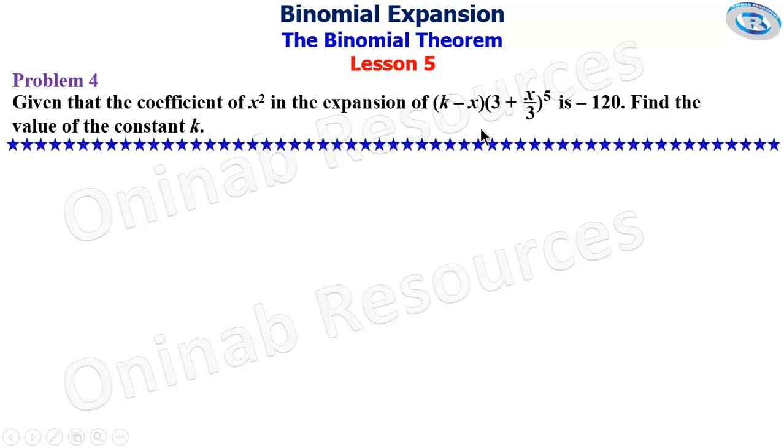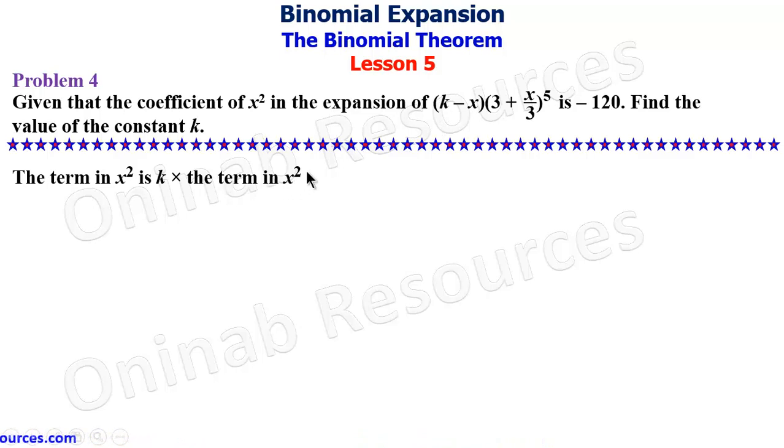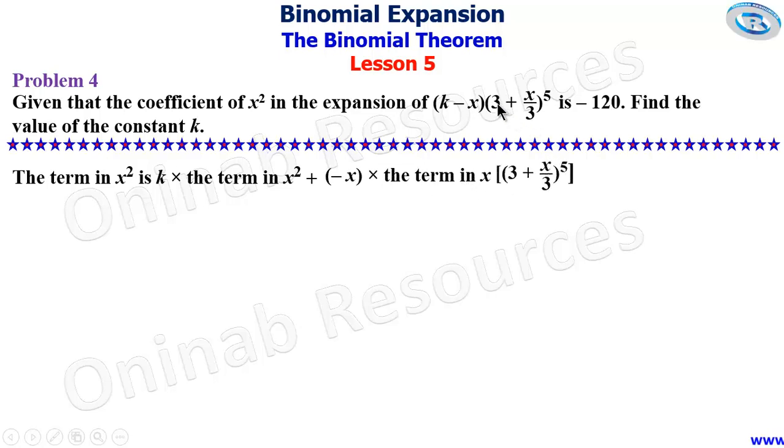To find the solution to this problem, the term in x squared is going to be k times the term in x squared plus negative x times the term in x, when we are using this to multiply the second bracket, that is with respect to (3 plus x over 3) all to the power of 5.